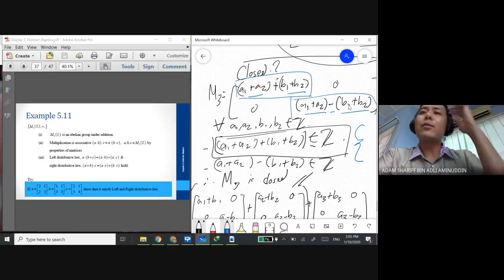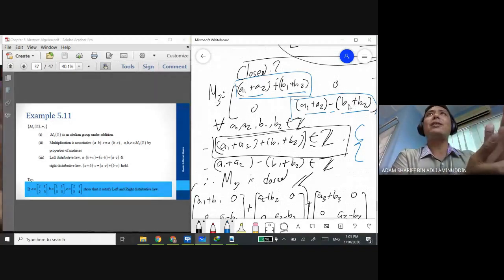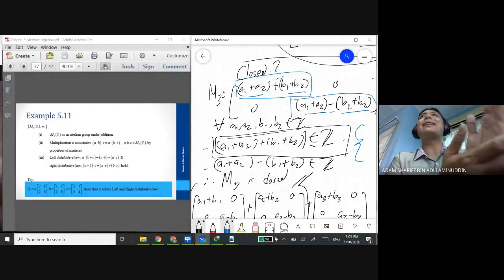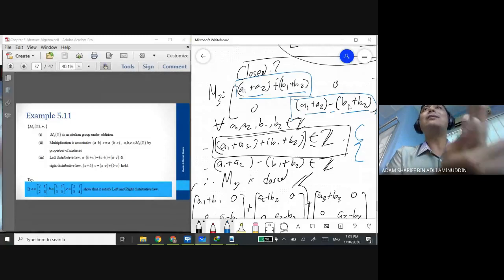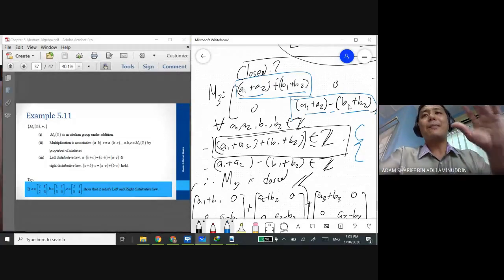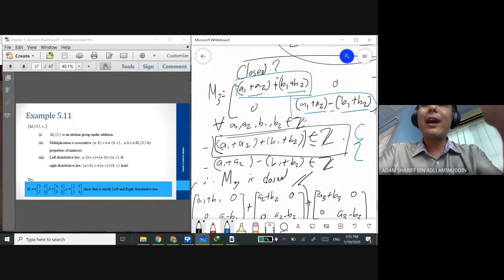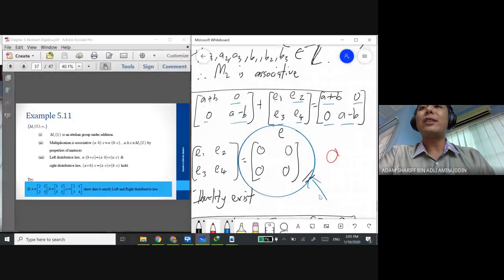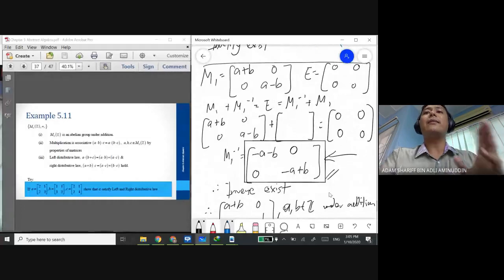The difference between subgroup and group, subgroup, there exist 2 sets, H and G. H must be a subset of G, and this H must answer to the binary operation of G. Itu je beza dia. But if I want to answer subgroup, I need to show it is closed under the binary operation of G. Associative tak payah, identity tak payah, and go directly to inverse.